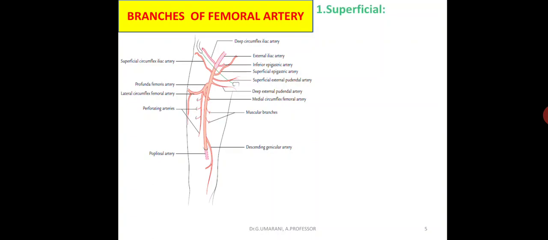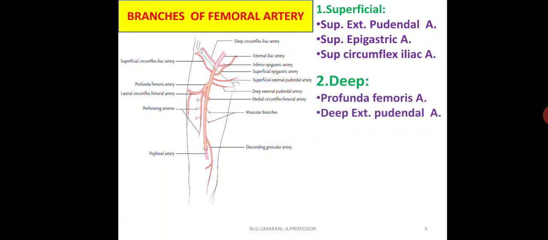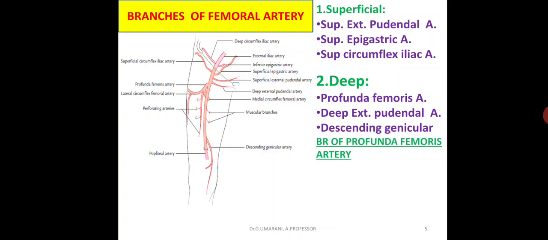The branches of the femoral artery are divided into superficial and deep branches. The three superficial branches are the superficial external pudendal artery, superficial epigastric artery, and superficial circumflex iliac artery. There are also three deep branches. Of these, the profunda femoris artery, a deep branch, is the largest branch of the femoral artery.